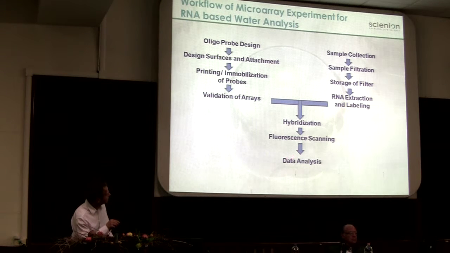During the entire time of the project, a collection of field samples has already been performed. And this is just the first step. Then you have to go to the next step. This is filtration of the samples to collect the microorganisms. Then you have the storage step of these filters, and then finally RNA extraction, hybridization, fluorescence scanning, and data analysis.